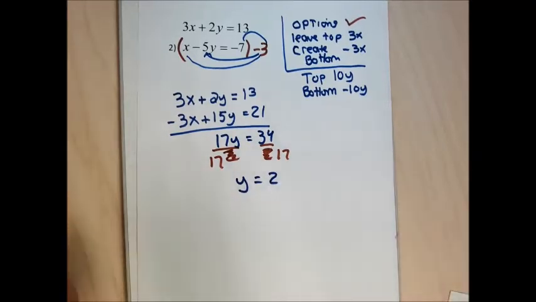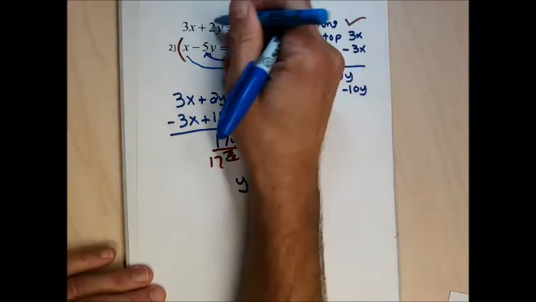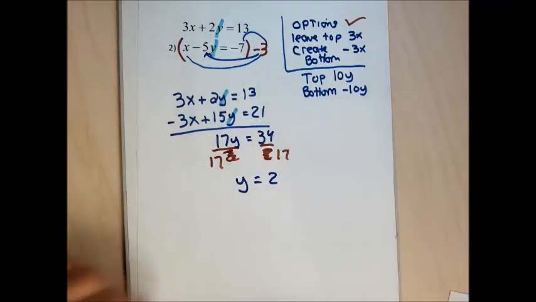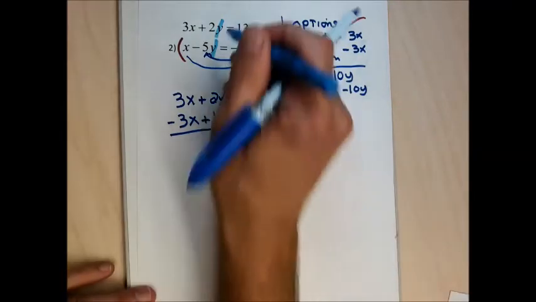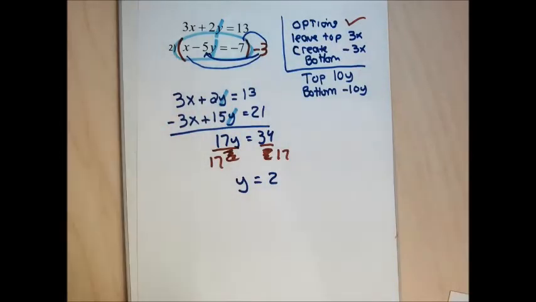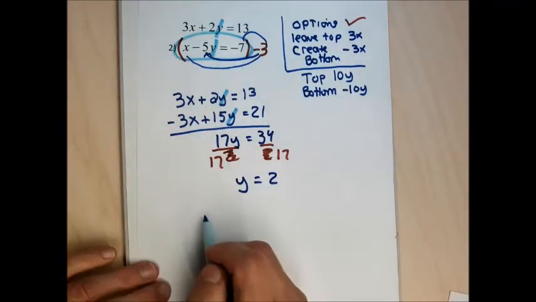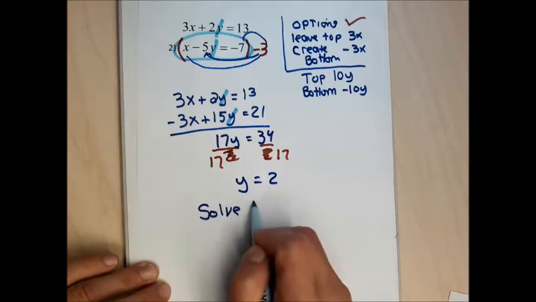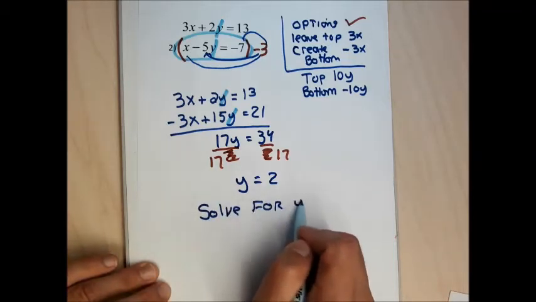Now I need to solve for x, and to solve for x, I can plug y equal to 2 there, or there, and they all will give the same value for x. I like plugging y equal to 2 here because the x is going to be easy to solve for. But any of the places where I marked the y, you could plug y equal to 2 and you'll get the same answer.